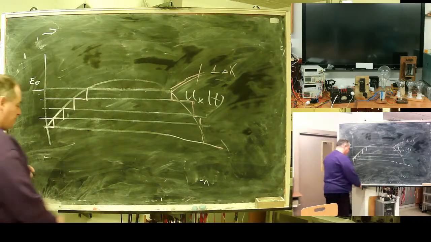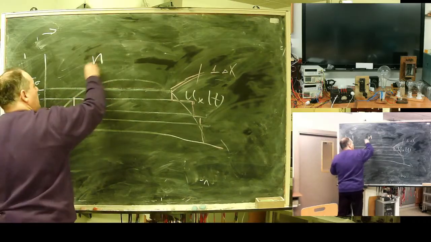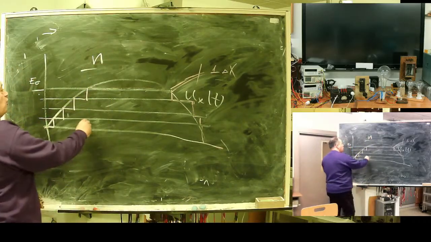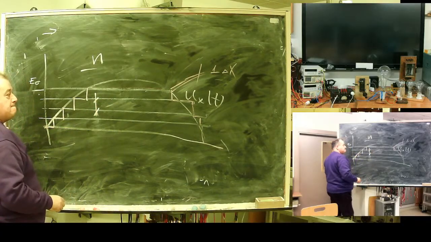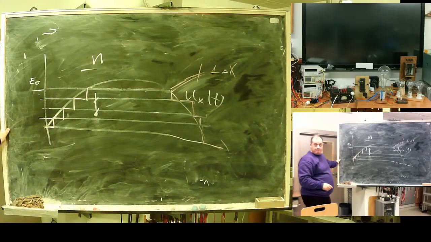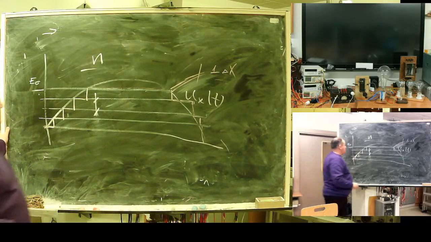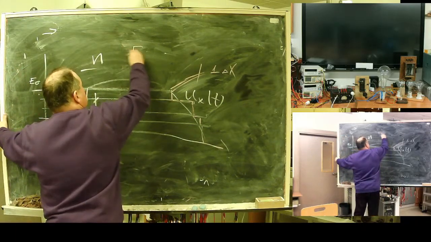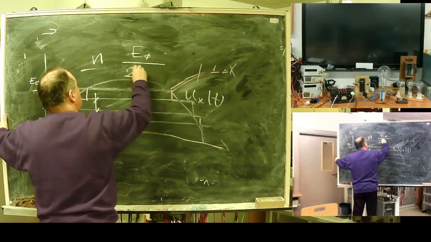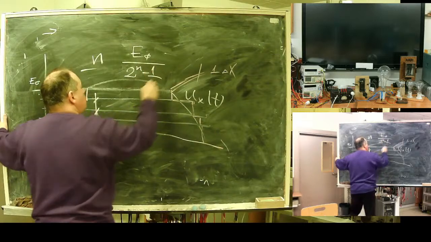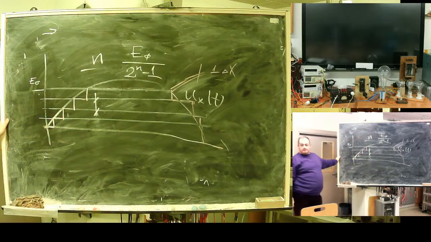If I have n comparators, what will be this step? Actually, this step is A0 divided by 2 power n minus 1. Familiar formula, no?